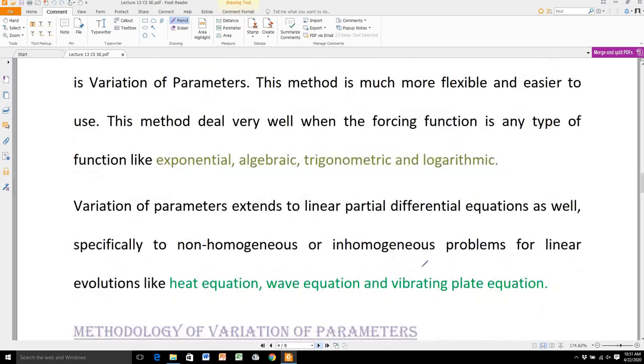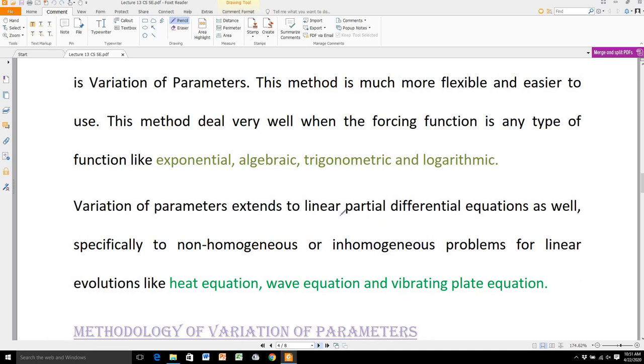For linear evolutions like the heat equation, you are very familiar with this, since in our initial lectures I told you about the heat equation, the wave equation and the vibrating plate equations. And inshallah later on you will see such types of equations, what is meant by vibrating plate equations, and damping motions or simple harmonic motions.